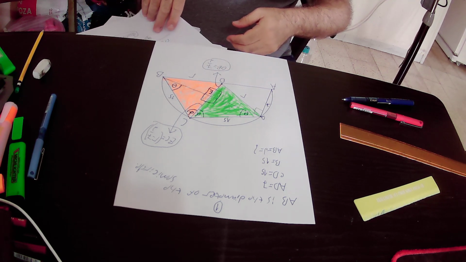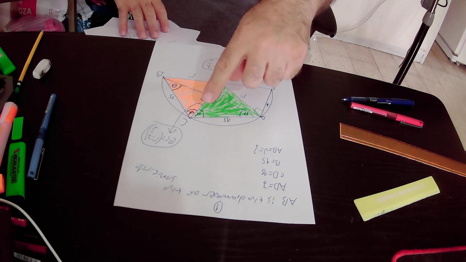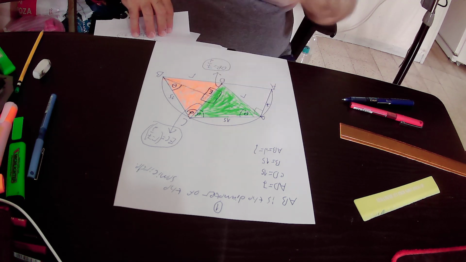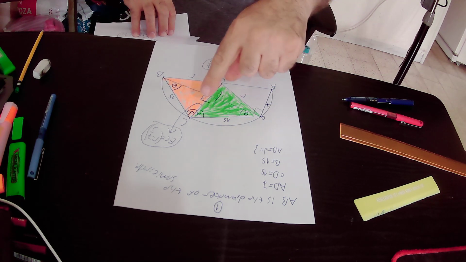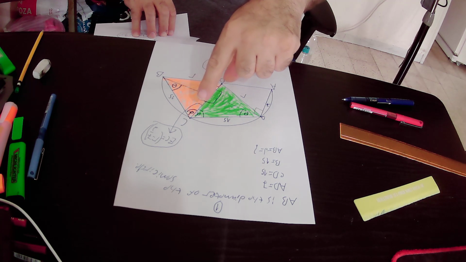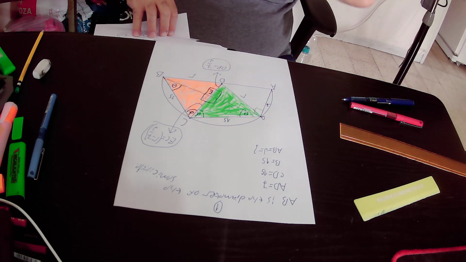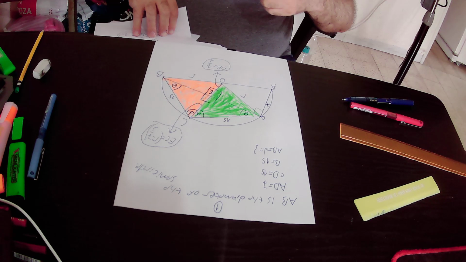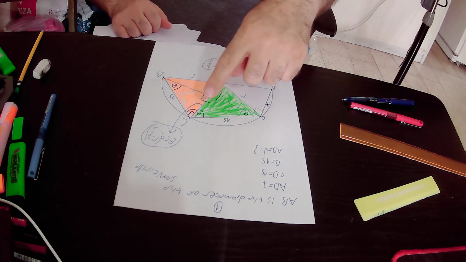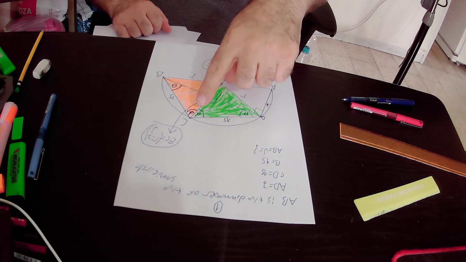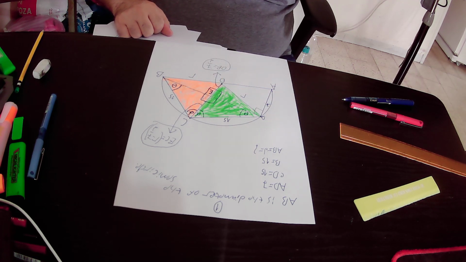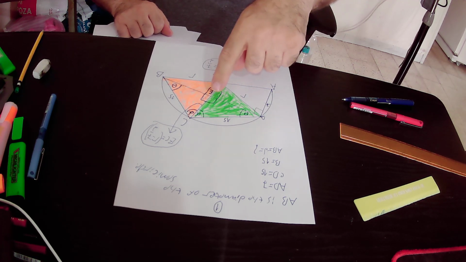And then we focused on OC. OC is a straight line because we connected points O and C by a straight line. If we look at the straight line OC, we know that the sum of the angles along a straight line is equal to 180 degrees.